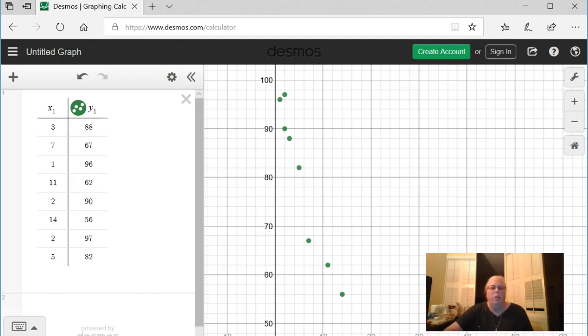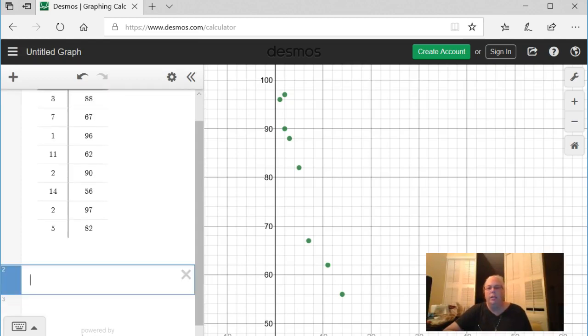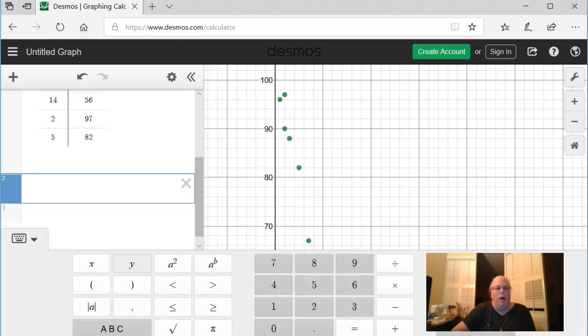Okay, now part A asks us to find the equation for a least squares line, and we're going to need to tell Desmos to do that for us. So to do that, we're going to put in y, and then instead of equals, we're going to put in the little squiggly line, this tilde.